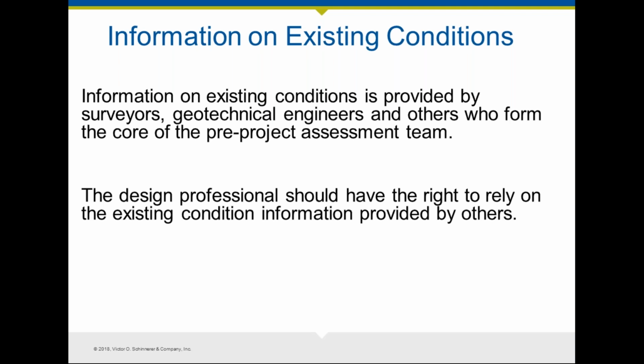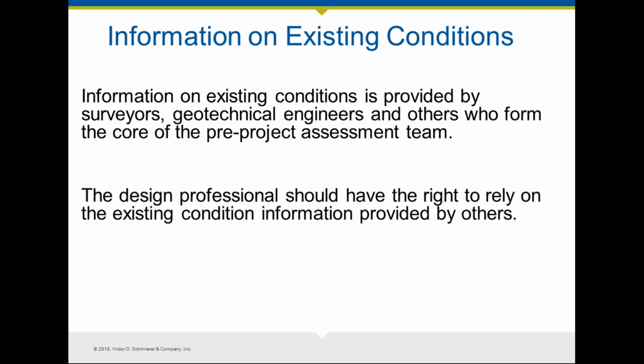If the owner is not willing to give you the right to rely on the information, then essentially the services that led to the information will have to be replicated. If the owner is not willing to stand behind it, or if the information is no longer reliable, then that needs to be addressed.